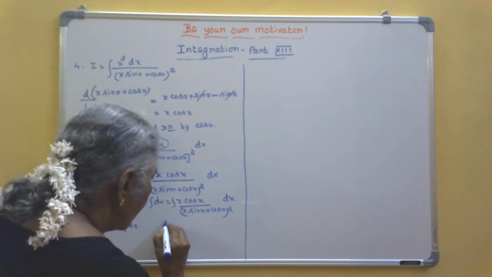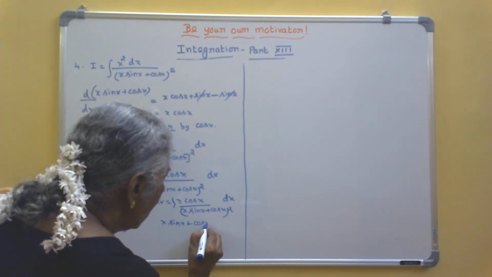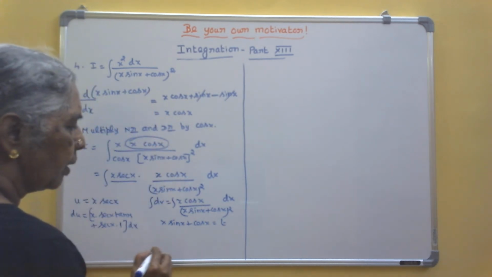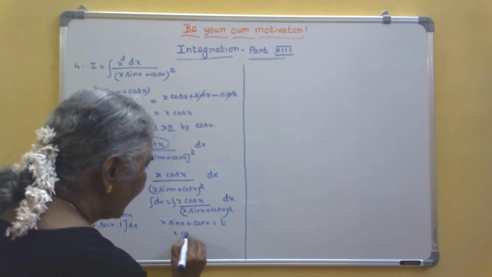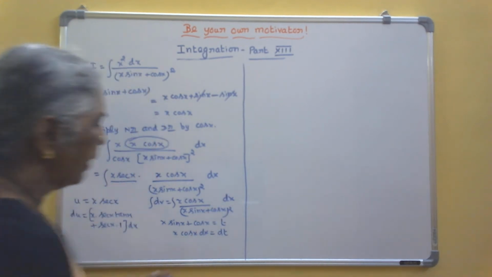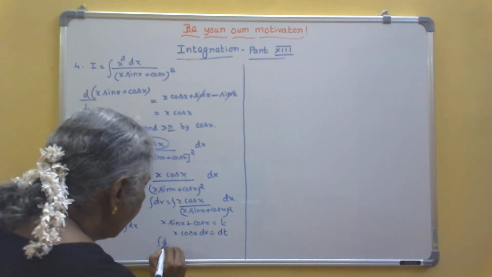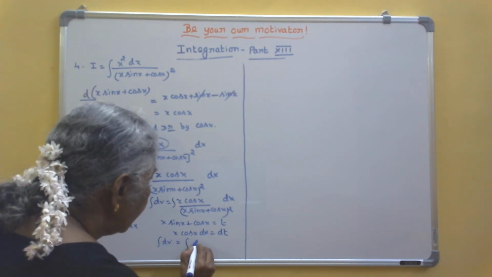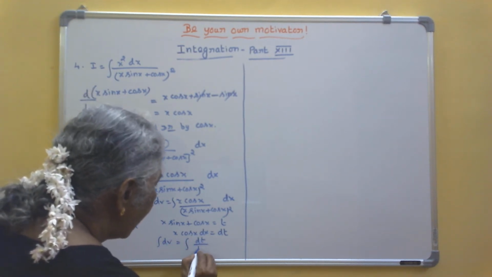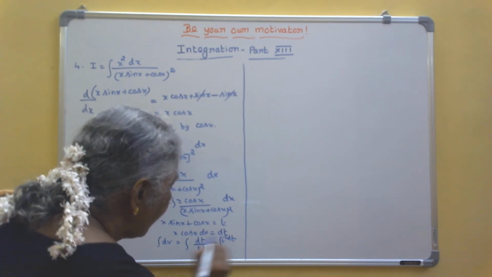So now you substitute x sin x plus cos x is equal to t. So you will automatically get x cos x dx, that is the numerator, that will become dt, right? So I will get integral dv is equal to integral dt by t square, that is t power minus 2.